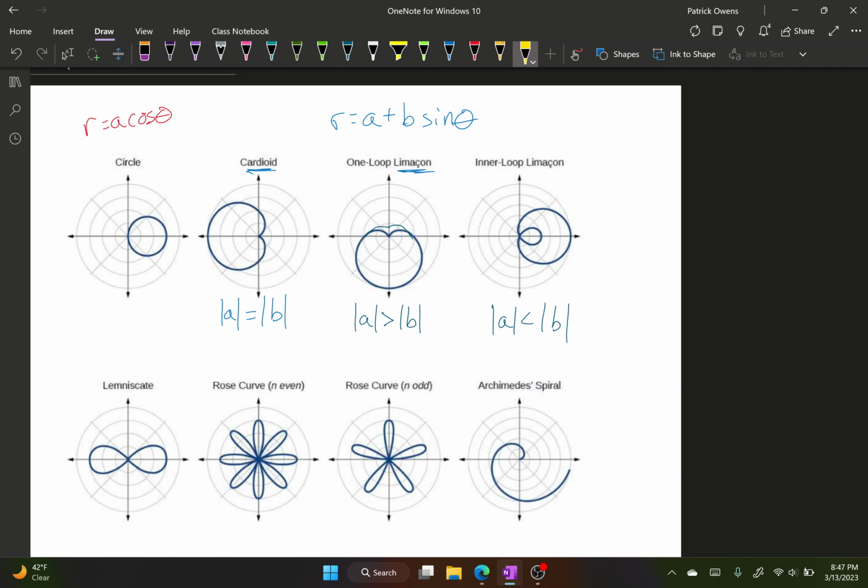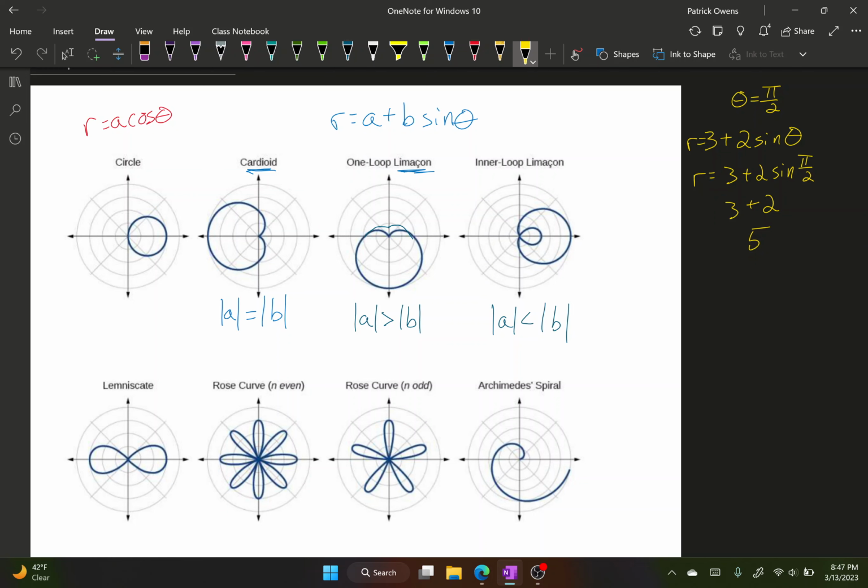So if we've got r equals 3 plus 2 sine theta, our maximum radius is going to happen at our sine's maximum value, which is at theta equals pi halves. So r is equal to 3 plus 2 times sine of pi over 2, which is equal to 1. So our radius is 3 plus 2, which is 5. That's how we get our maximum radius.